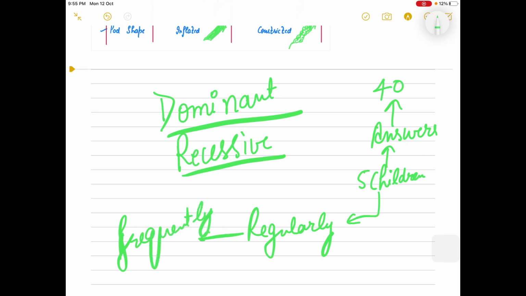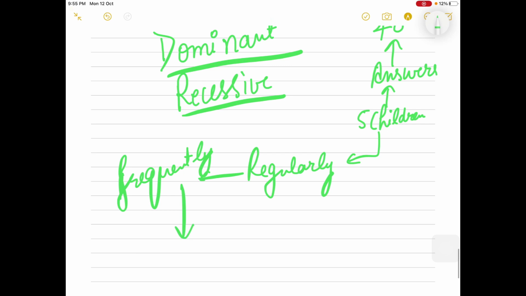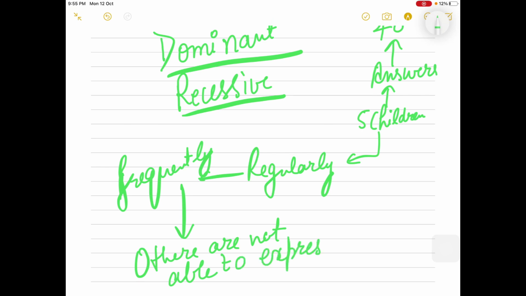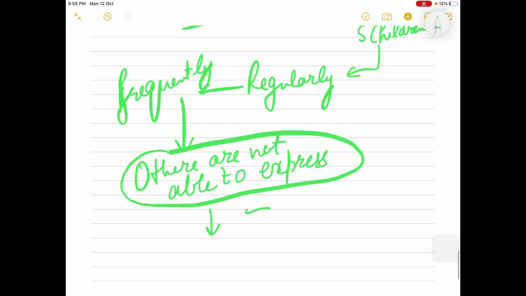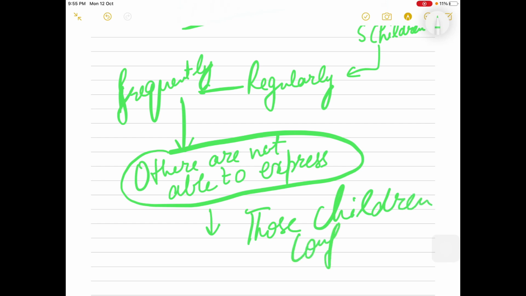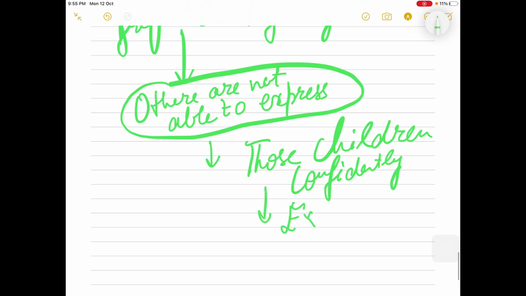And when they give answers, the others are not able to express. Others feel that the other children will make fun of them, they will laugh at them, so they are not able to express. So those children who very frankly, very confidently give answers and express themselves in the class are dominant, right?